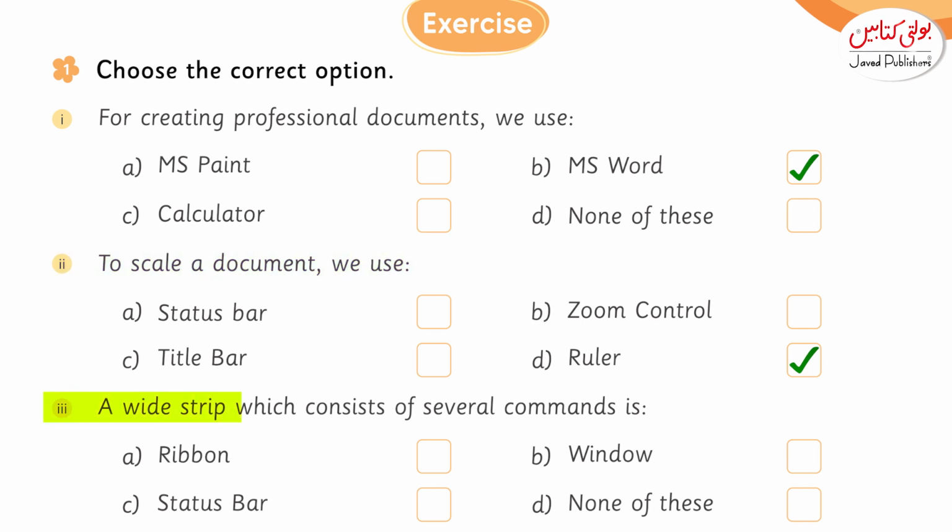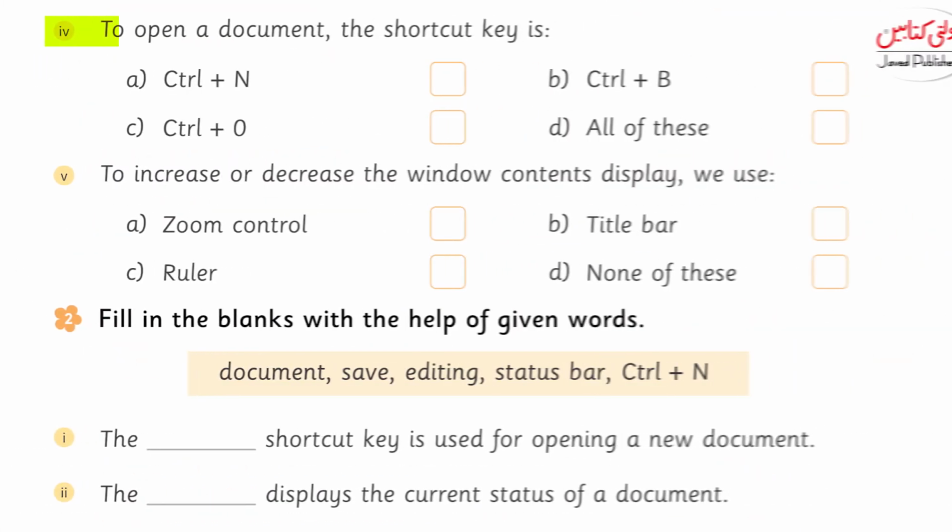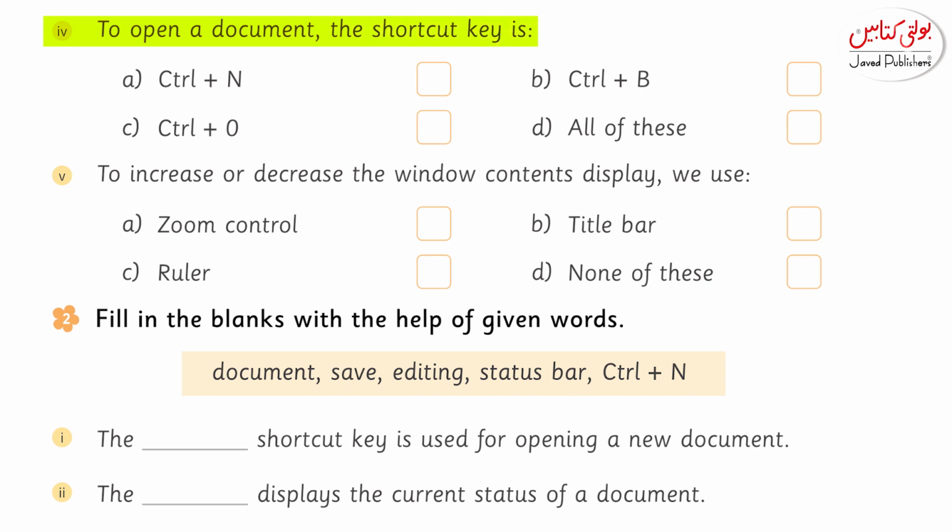A wide strip which consists of several commands is A ribbon, B window, C status bar, or D none of these. Option A ribbon. To open a document, the short key is option A Control plus N, B Control plus B, C Control plus O, or D all of these.